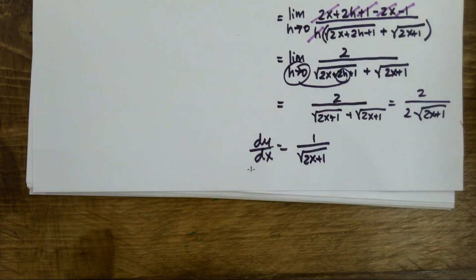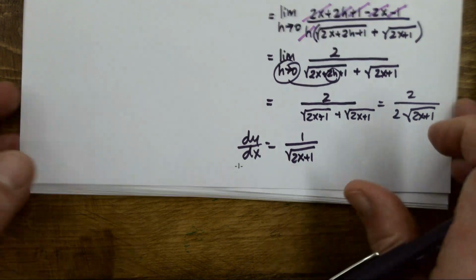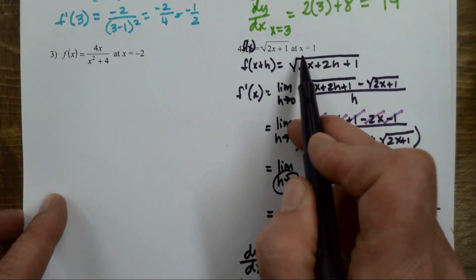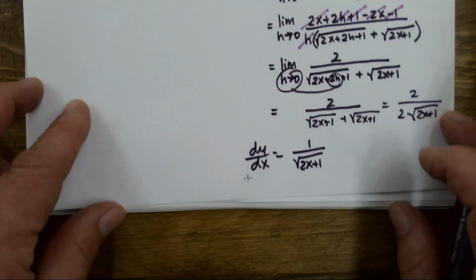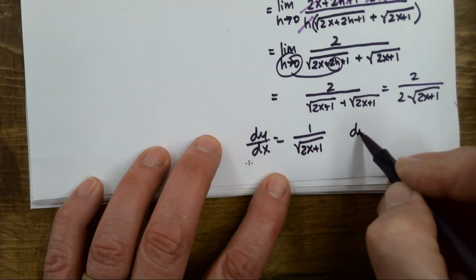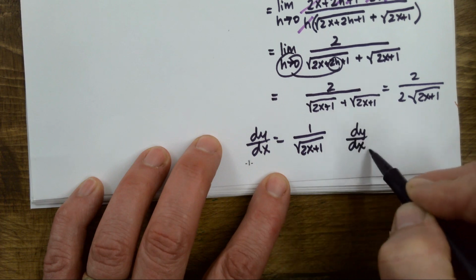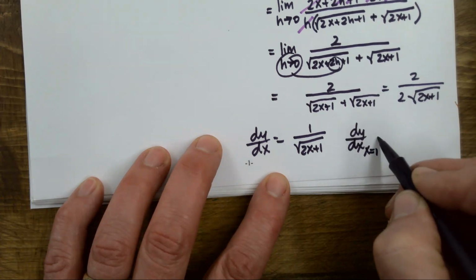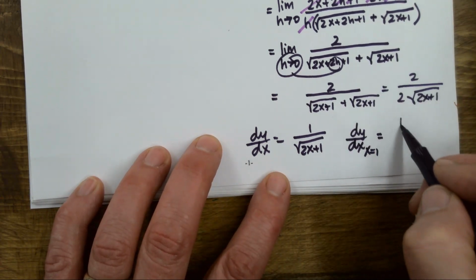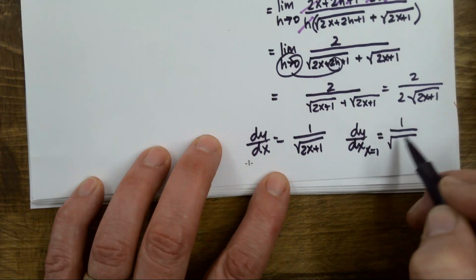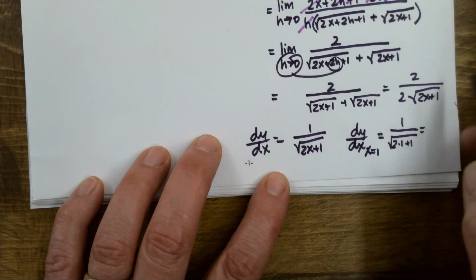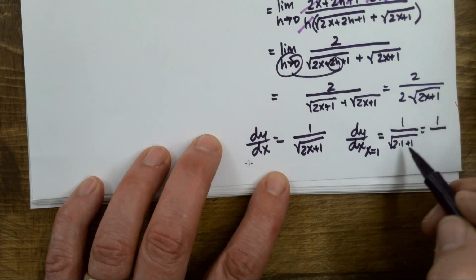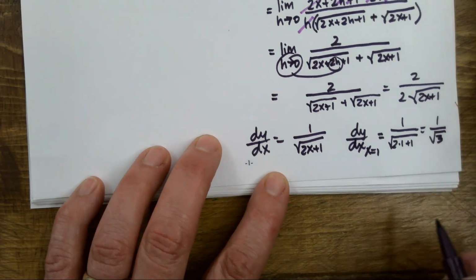Once I'm here, again, I need to evaluate. And it says evaluate at x equals 1 this time. How do I know? Because that's what it says right here. At x equals 1, so I just put that in. So dy/dx at x equals 1 is 1 over the square root of 2 times 1 plus 1, which is 1 over the square root of 3, I believe.